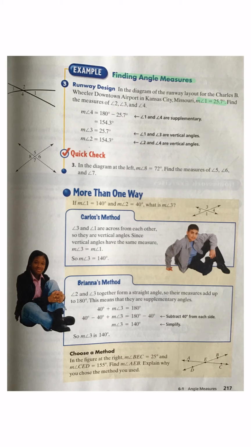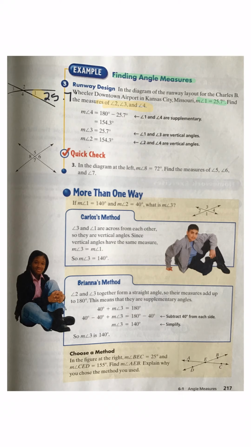Find the measurements of angle 2, 3, and 4. So to do that, we're looking over at this example. We were given angle 1, and angle 1 is equal to 25.7 degrees.